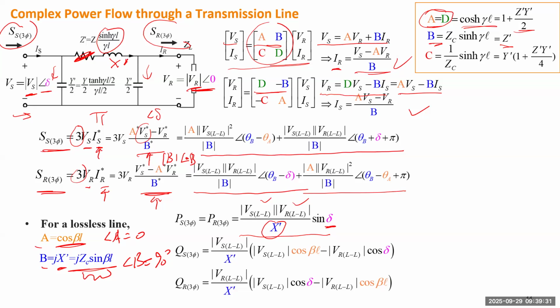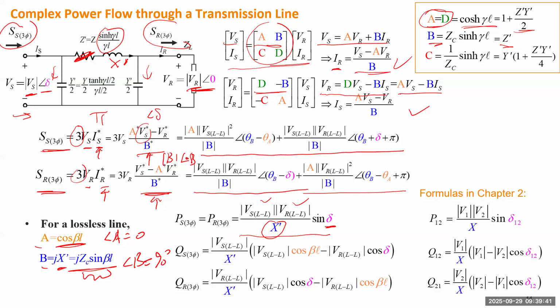If we compare those three formulas to the formulas we derived back in chapter 2 for a very simple circuit, in chapter 2 we have P12 equals the product of V1 and V2 divided by the total reactance, and then multiplied by sine delta, the angle difference. Comparing those two, they are completely in the same form.